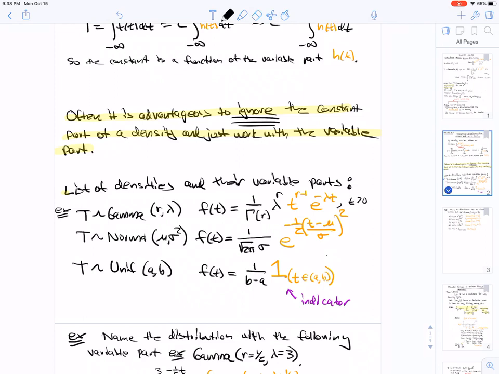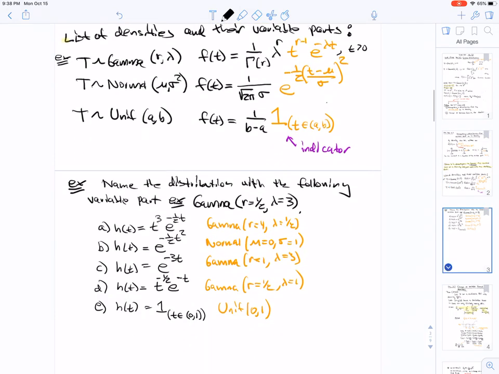The normal has e to the minus t squared in it, and uniform has, for its variable part, an indicator that is 1 exactly when t is in the interval (a, b).